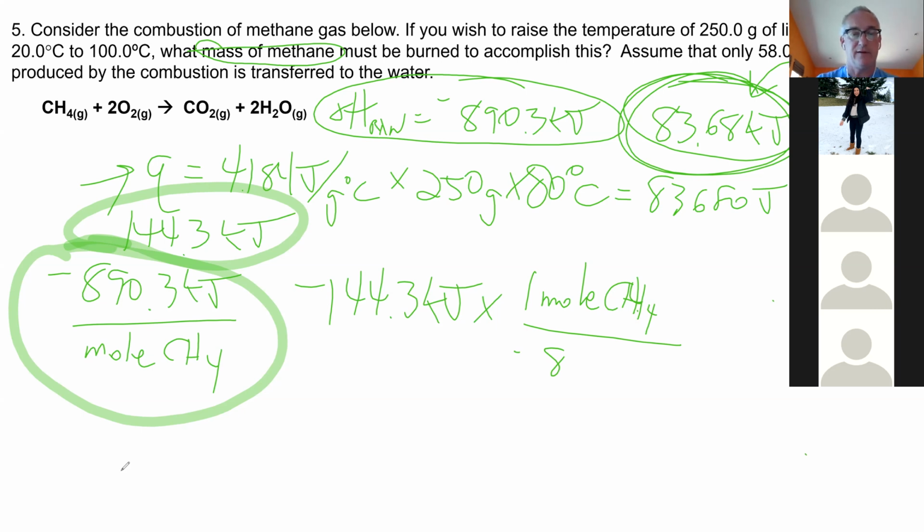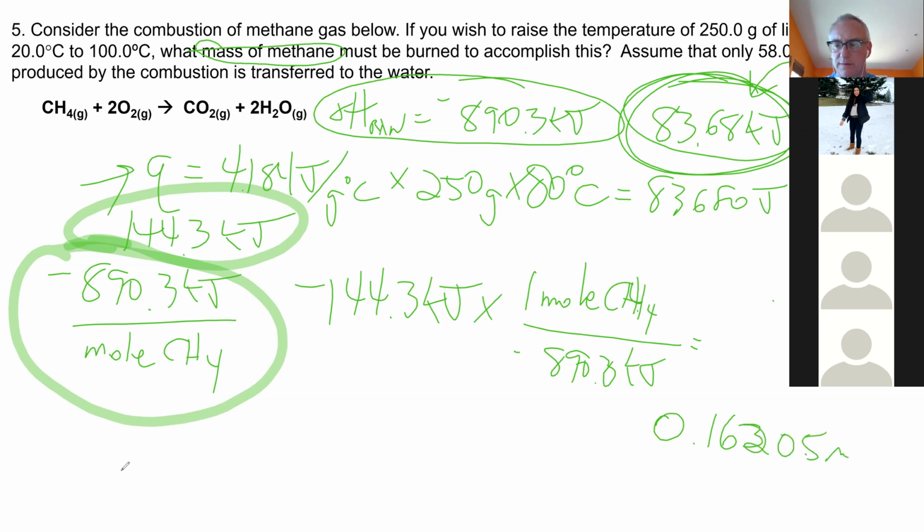So how many moles is that? 0.163. 0.16205.